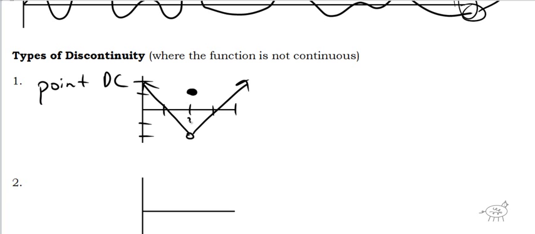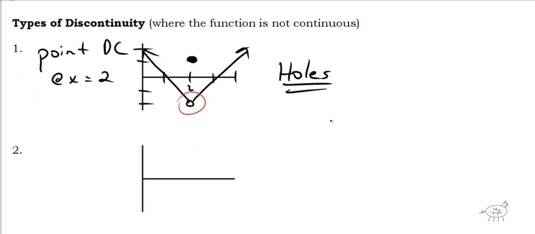And this happens to be right here, a point discontinuity at x equals 2. Now it's a point because it basically is one point. Here is the point. You have to basically lift up your pencil off the paper just for a split second, and then you jump over and you keep going with your function. But it's basically a hole. In fact, it's an important thing to write down here. Point discontinuities are holes.